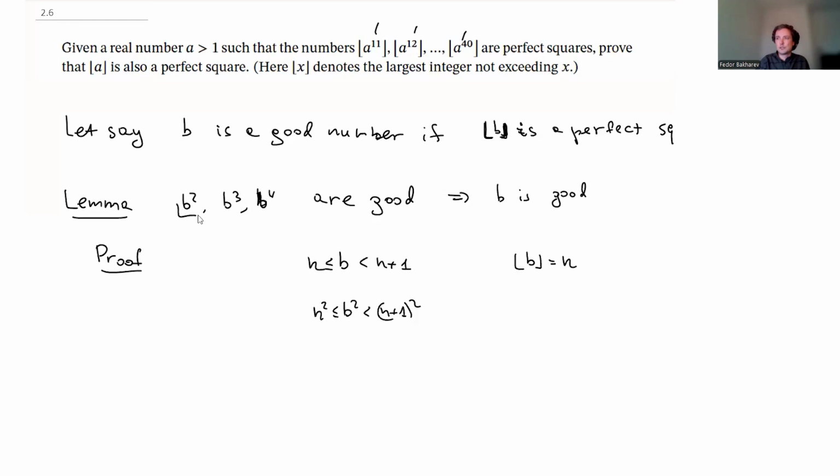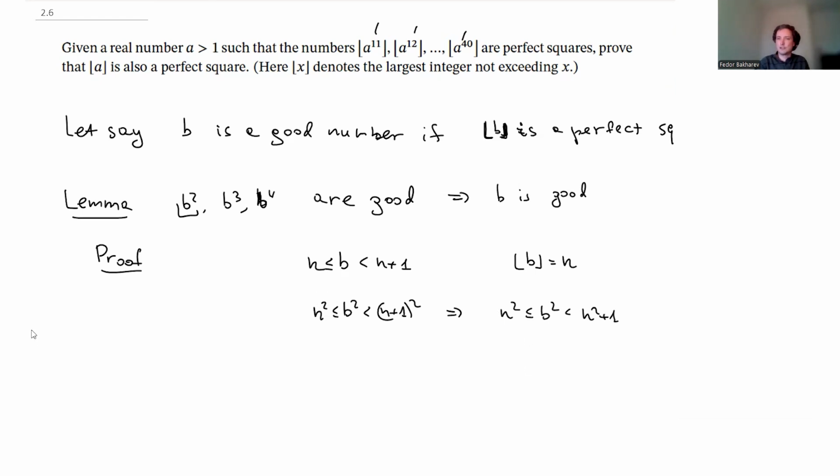But we know that b square is good. So the only possibility is that b square is squeezed not between these numbers, but between these numbers. Since the only square below b square is n square, we get this inequality.